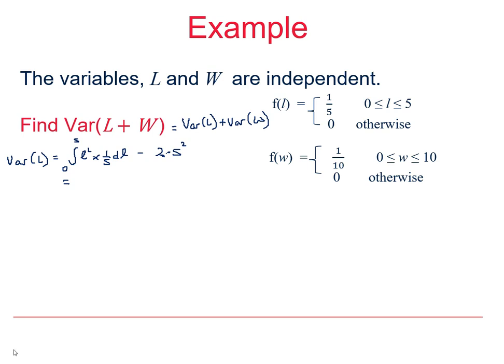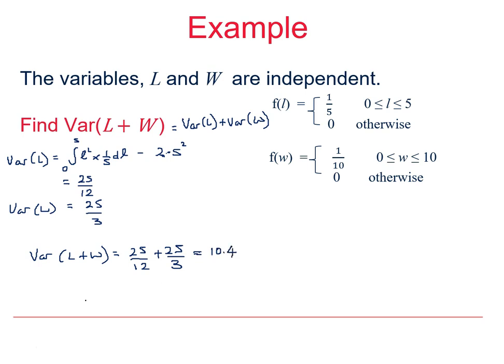And you should be able to work that out and find 25 over 12 for that variance. The variance for W, similarly, you should obtain 25 over 3. And so the variance of L plus W is simply 25 over 12 plus 25 over 3. That comes to quite an awkward fraction, so it's probably better to give your answer to 3 significant figures: 10.4.